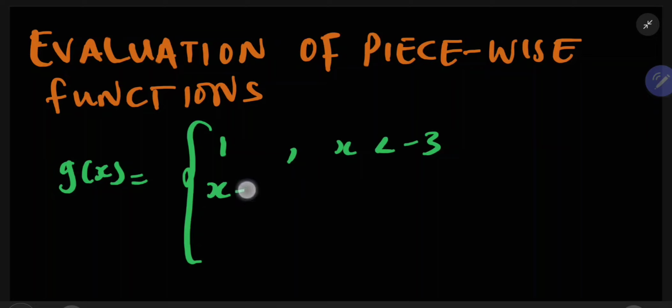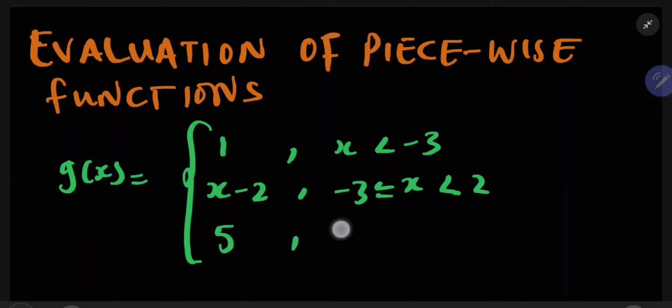You have x minus 2 where your inputs go from minus 3 less than or equal to x, and where x is less than 2. And you can call this 5 where x is greater than or equal to 2.